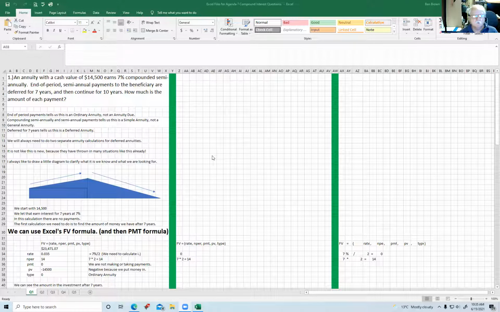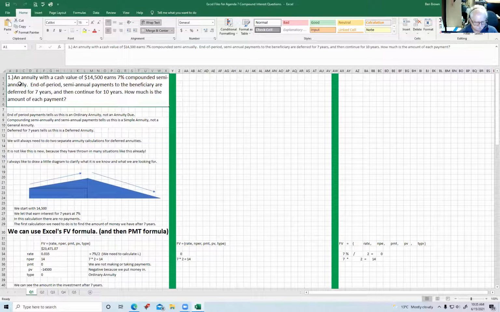So you should be looking at an Excel screen at the moment. Is that correct? Yes, sir. Okay, and I'll try and enlarge this so you can actually see it.